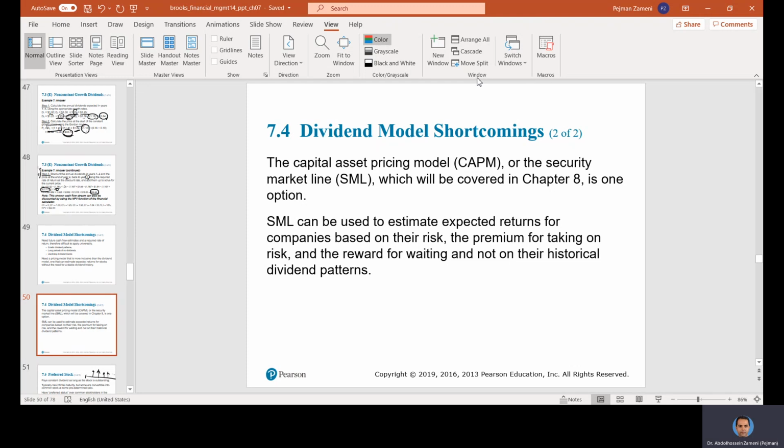SML can be used to estimate expected returns for companies based on their risk: the premium for taking on risk, or beta, or the market risk, and the reward for waiting, and not on their historical dividend pattern. See, there are other models than the dividend discount model that can help us find the value of the stock based on the risk that they undergo.